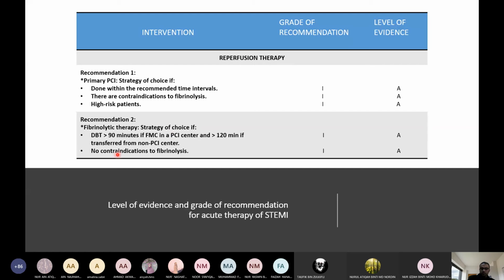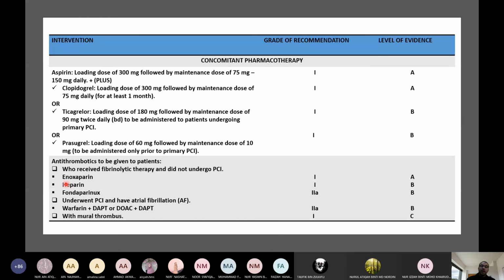No contraindication to fibrinolysis should be there, and I showed you the relative and absolute contraindications. This is just a summary, nothing new here.